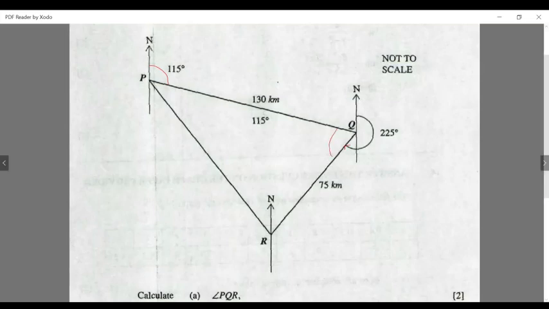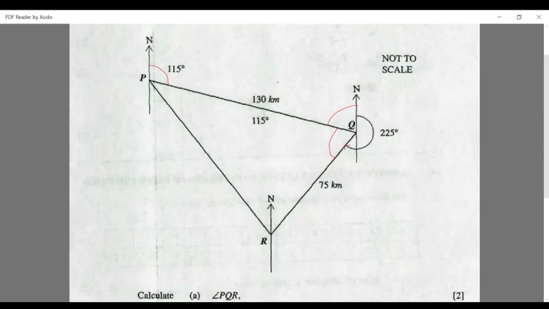Luckily, we know that, as you recall, the summation of these two angles, since this is just due to alternate angles, is equal. So this angle would essentially be equal to this angle. Therefore, this angle is 180 minus 115.